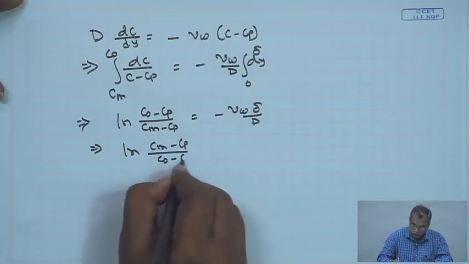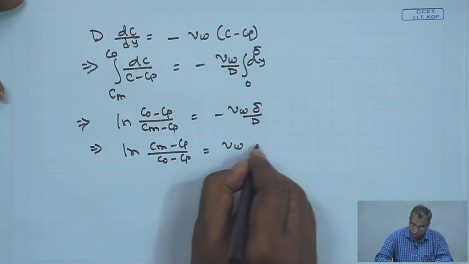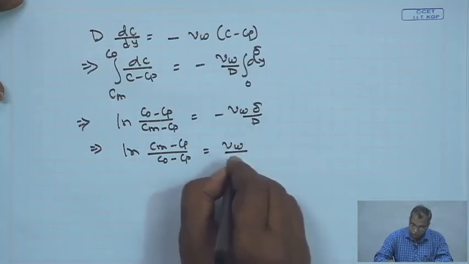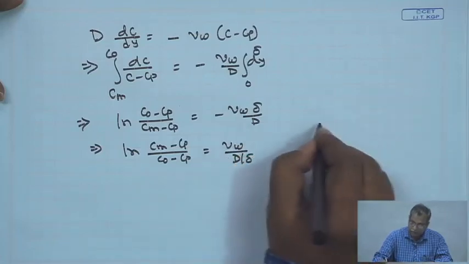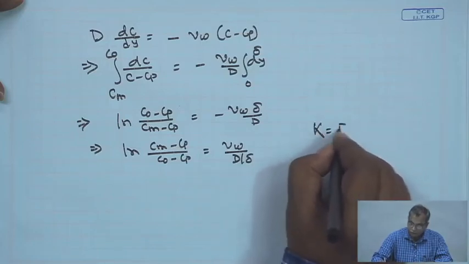Therefore, this will be giving you Vw by D by delta. And what is D by delta? D by delta is nothing but the film mass transfer coefficient.